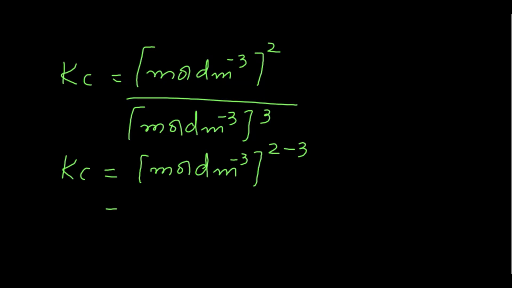Right, students? So Kc would be mole per cubic decimeter, 2 minus 3 is equal to minus 1. Right, students? So what is the unit of Kc? If you multiply minus 1 with mole, we will have Kc is equal to mole minus 1 dm cube. This is the unit of Kc for given reaction. I hope this is clear to you, students.